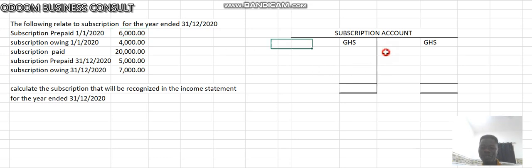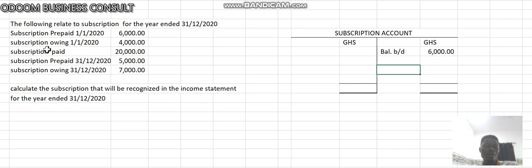So in the subscription account, the opening prepaid will go to the credit side. So our balance brought down is 6,000 at the credit side, because opening prepaid is a liability and liabilities have what?